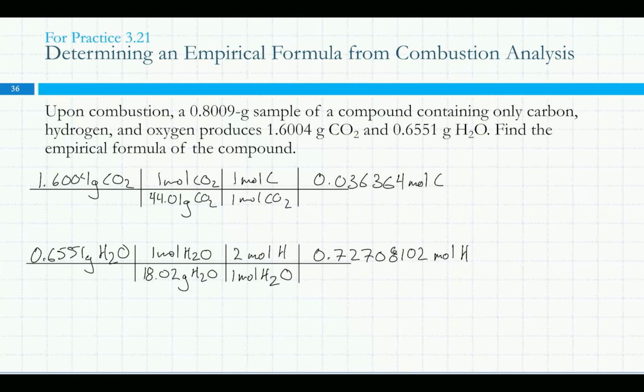So I'm going to take my carbon. I'll take the moles of carbon over here in 0.036364 and multiply that by the molar mass. And the same for hydrogen. Multiplied by 1.01.